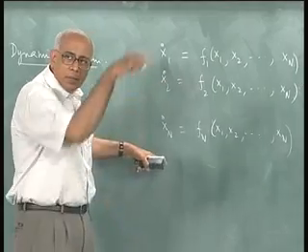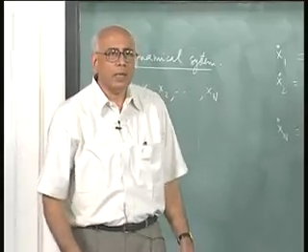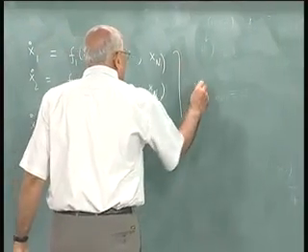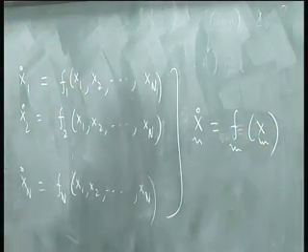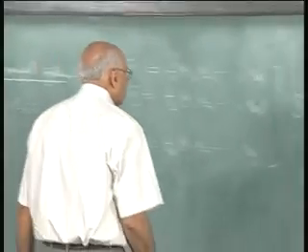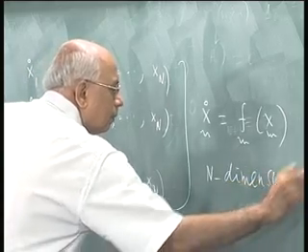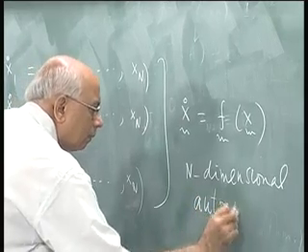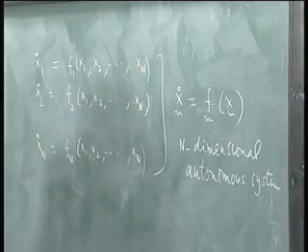I call this a vector, a column vector with elements x1 to xn and f1 to fn, another column vector, and then this set of equations can be written very compactly as x dot equal to some vector valued function of x, where f stands for a column vector with elements f1, f2, f3 etc., and each element is a function of all the x's, and this is an n dimensional autonomous system.